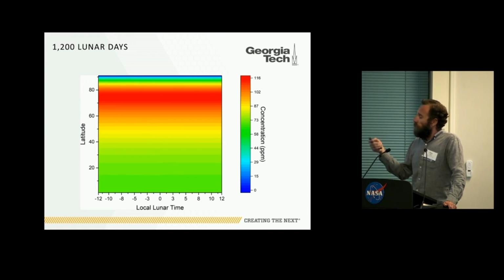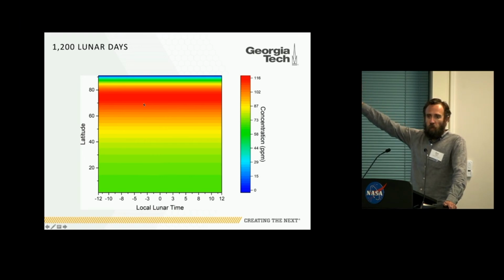However, after you run this for 1,200 lunar days, you can see that the highest concentration is migrating further and further towards the pole, but you still have some residual MOH in the equatorial region.